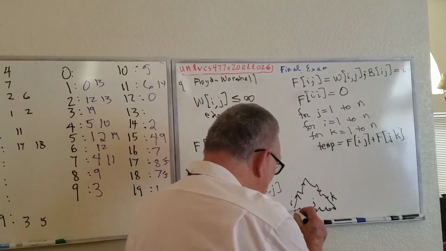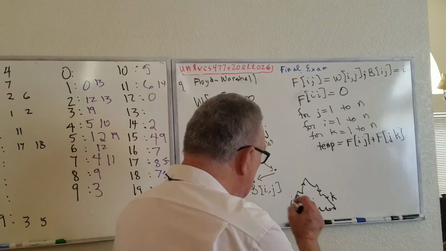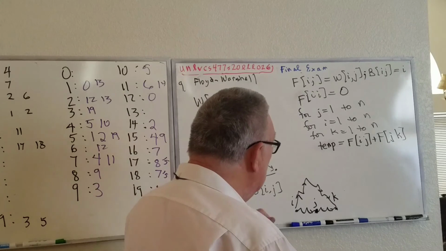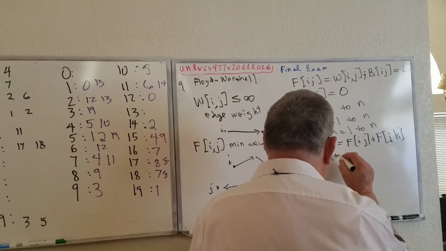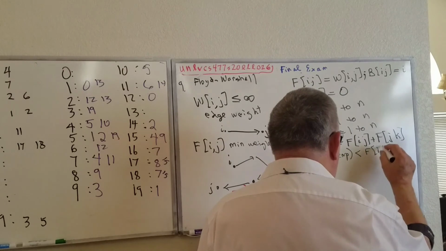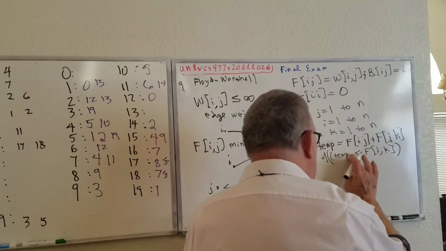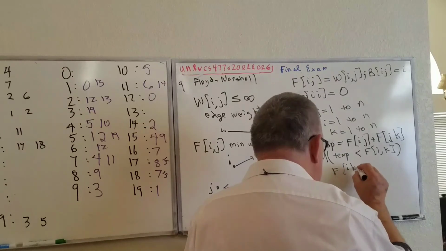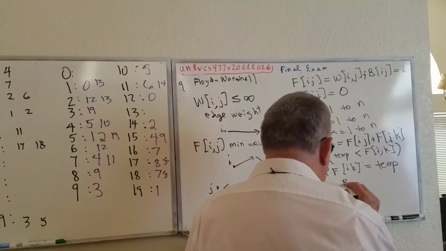So in other words, a path from i to j may exist, but there'll be no j in the interior here. And likewise, no j in the interior of that or in the interior of that. Now, if temp is less than the current value of f of i, k, then we're going to replace this. f_ik is equal to temp. But we're also going to replace the back pointer.